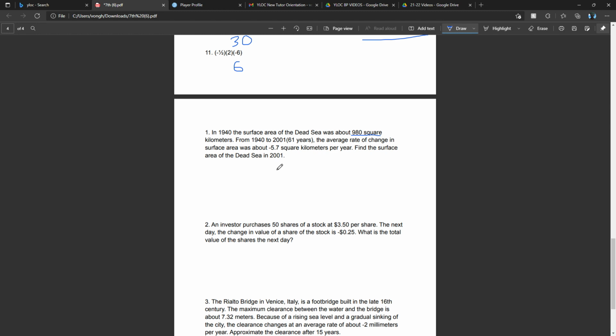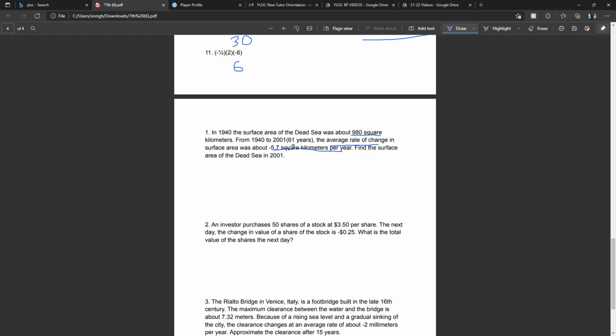Okay, so we're given the average rate of change, which is -5.7 per year. And initially it started from 980 square kilometers. But as time passed on, it decreased.